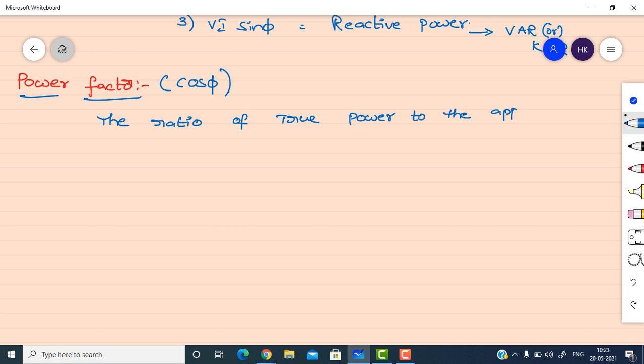The ratio of true power to the apparent power is called power factor. So power factor is equal to true power by apparent power.